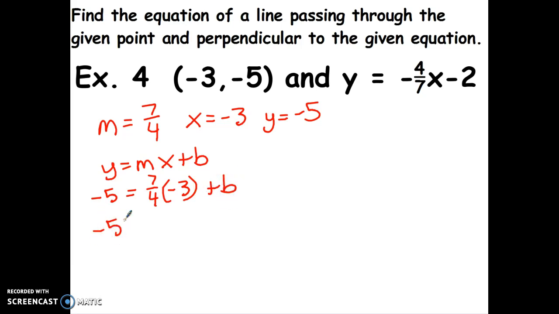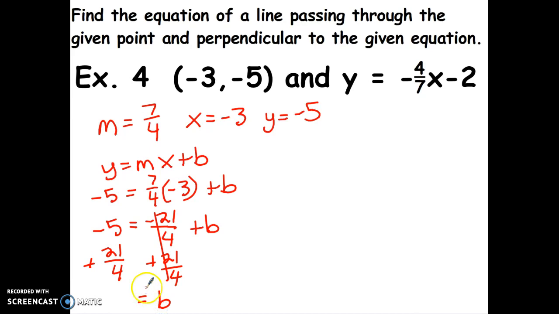Okay, 7 over 4 times -3 is -21 over 4. Now we have to add 21 over 4 on both sides. So b should equal 1/4.